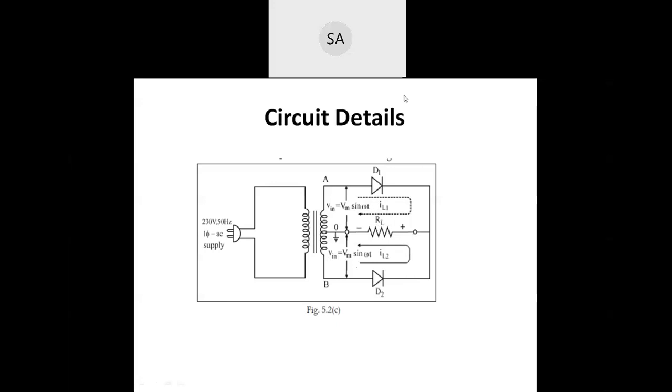See here, in the upper part, when diode D1 is conducting, the current direction is shown by dotted lines in the clockwise direction. Whereas when D2 is conducting during the negative half cycle, the current flowing direction is shown by the solid line, in the anti-clockwise direction. The current flows through D2, RL and the secondary winding of the transformer.